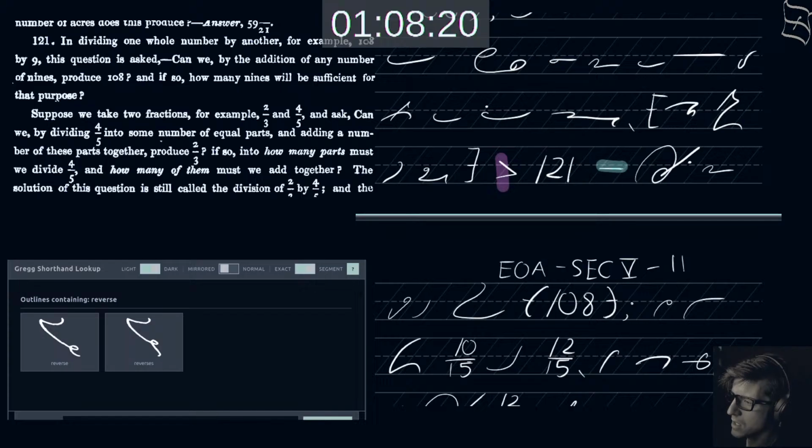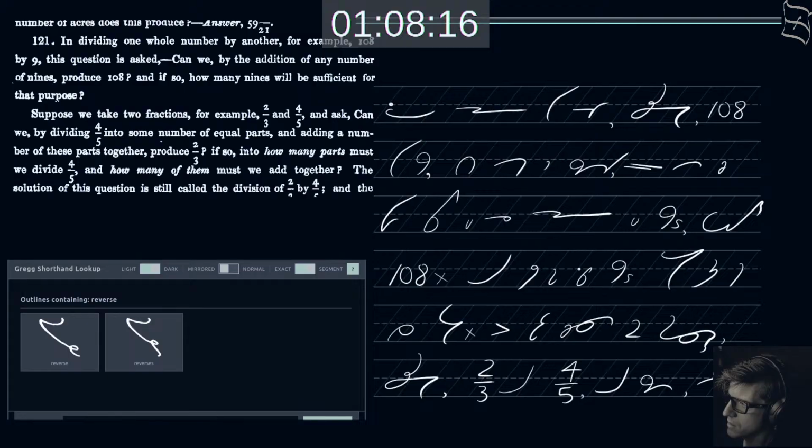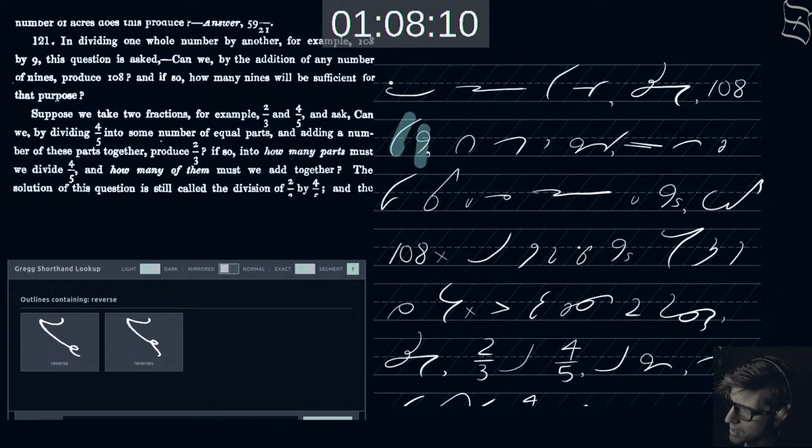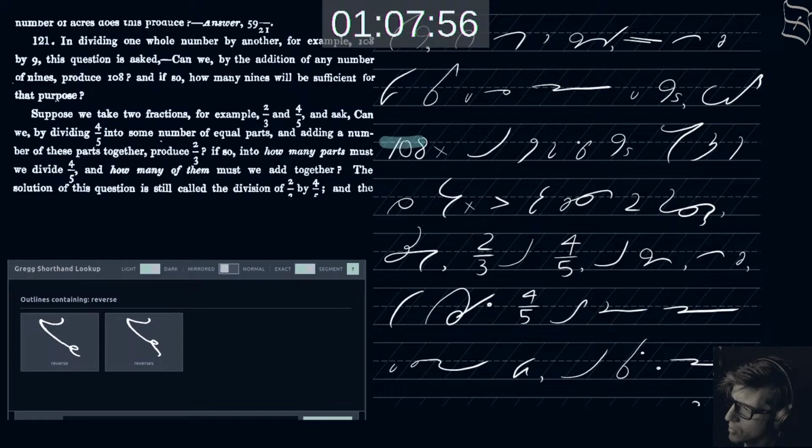Let's proceed. In dividing one whole number by another, for example, 108 by 9, this question is asked, can we, by the addition of any number of 9s, produce 108?